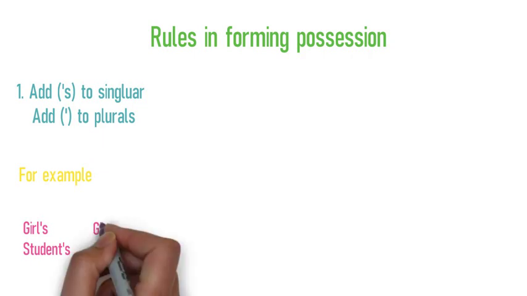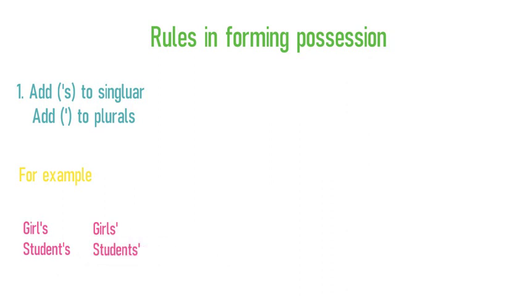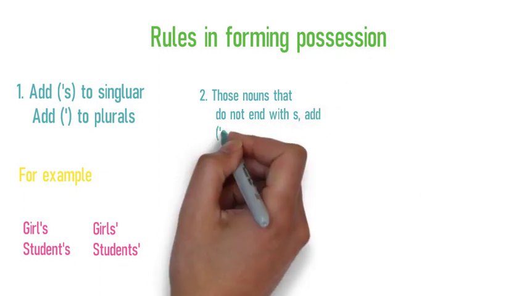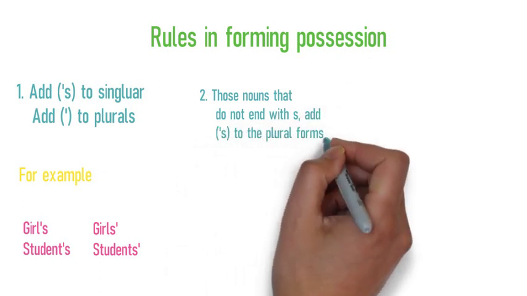In plural cases, girls and students, we add only an apostrophe at the end of the word to make its possession. Those nouns that do not end with s add apostrophe s to the plural form.